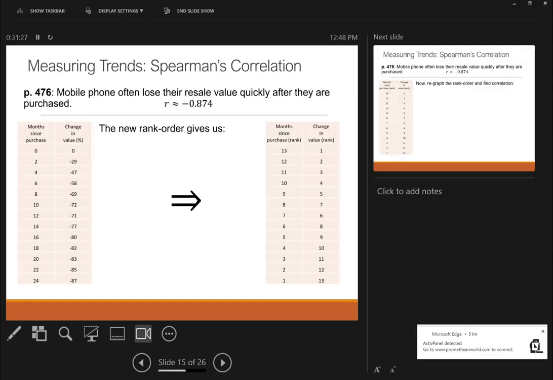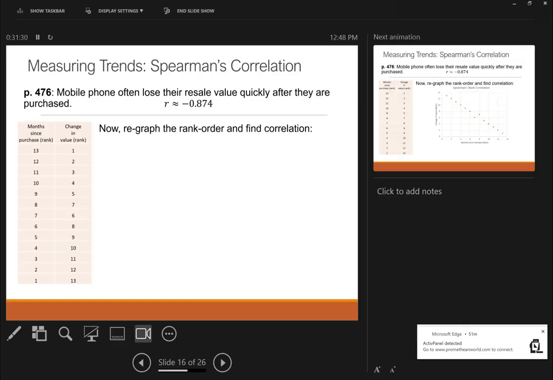Once I've done this, all I need to do now is calculate the PMCC, use the PMCC formula with the rank order data. So the Spearman statistic calculation is the same as the Pearson, but instead of using the raw data, we're using rank order data.